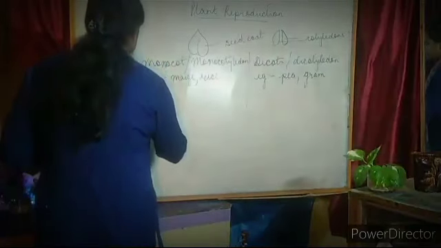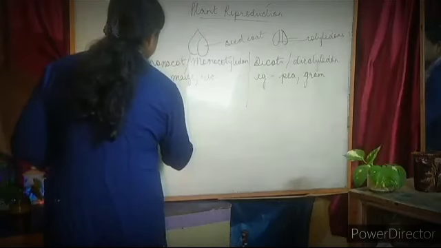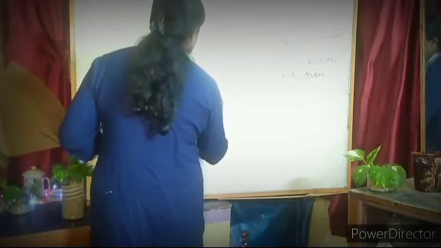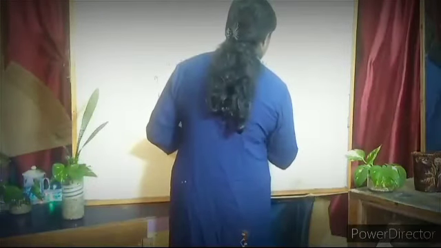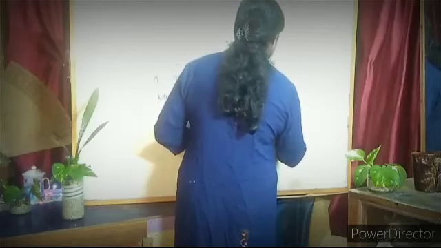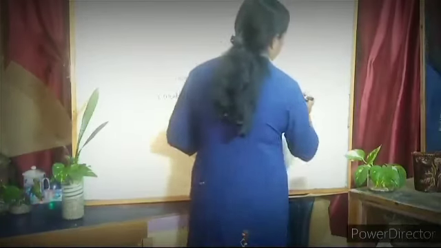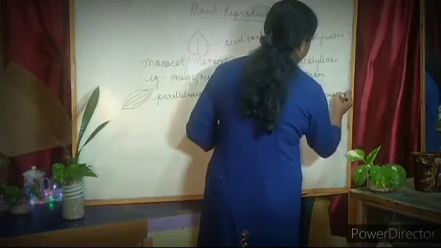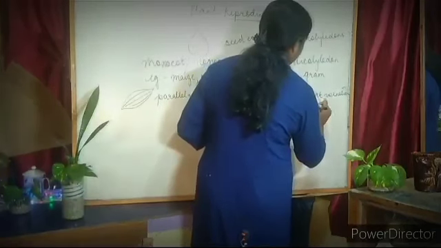Again, if we see the leaves of the monocot plant, the leaf shows parallel venation. Whereas in dicot plants, the leaves show network venation, or we can call it reticulate venation.